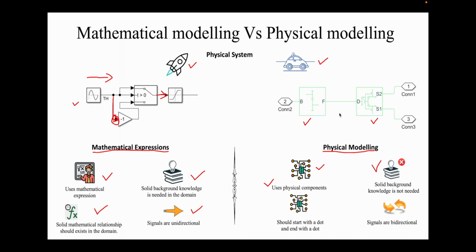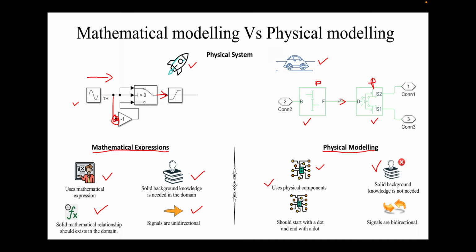If you see, there are no directions present in this type of signal connection. This is one physical block, and this is another physical block. When we connect these two, there is no directional propagation of signals, because these signals are interactive and can behave like a real system.